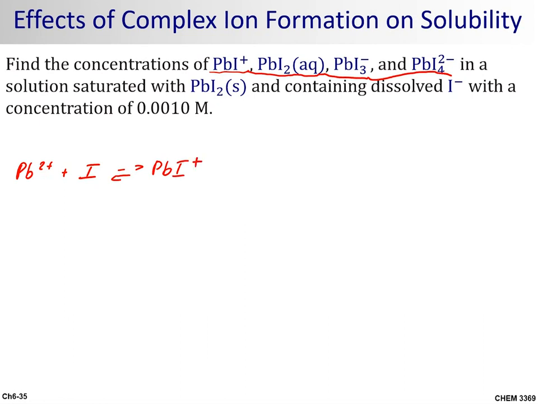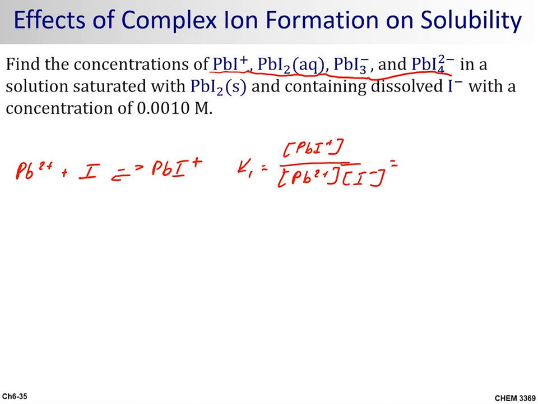The equilibrium constant for this reaction, let me call it K1, is the concentration of PbI+ divided by the concentration of Pb2+ times the concentration of I minus.